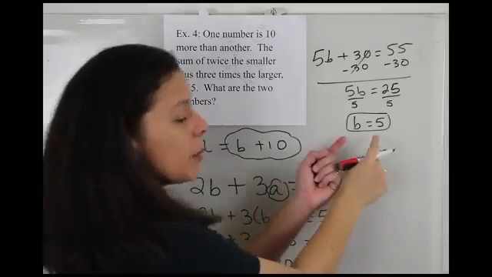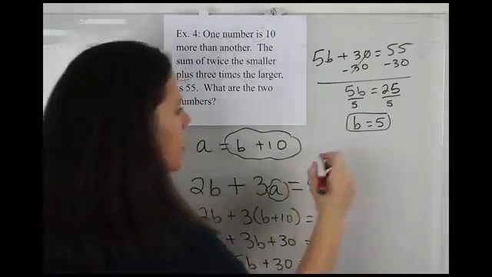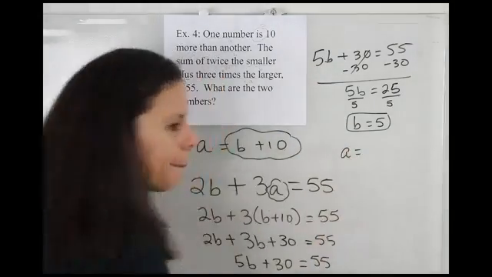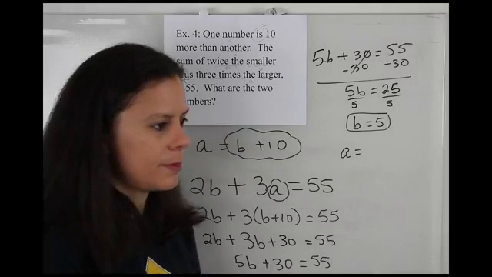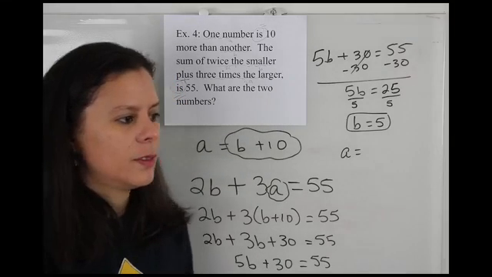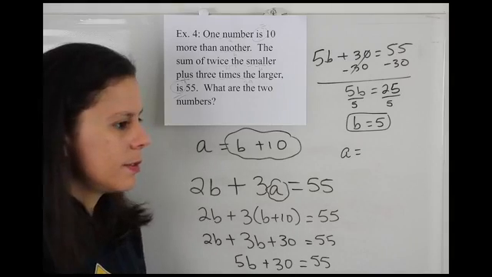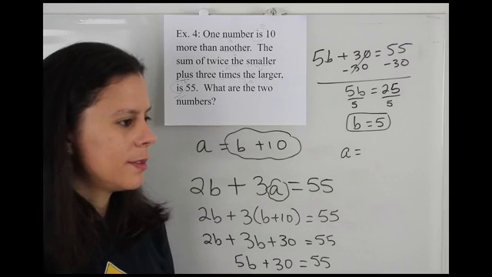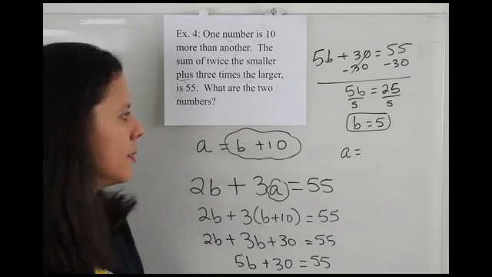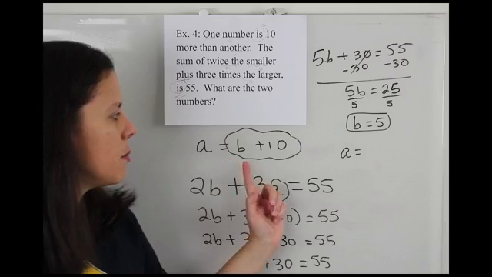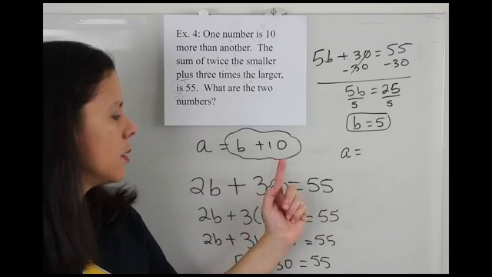Now, we found b, now we have to find a, right? So a is going to be what? A equals b plus 10.